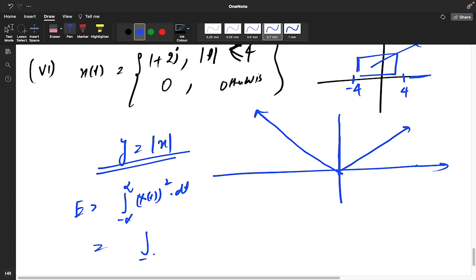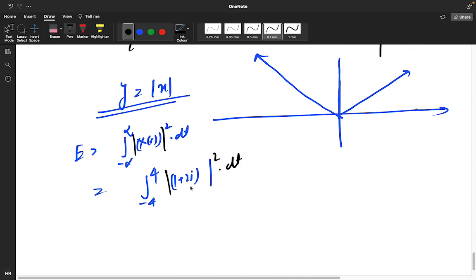You will get the value from minus 4 to 4 only, and that value is mod of 1 plus 2j the whole square dt. The mod value of 1 plus 2j is root under 1 plus 4, whole square, from minus 4 to 4, dt.